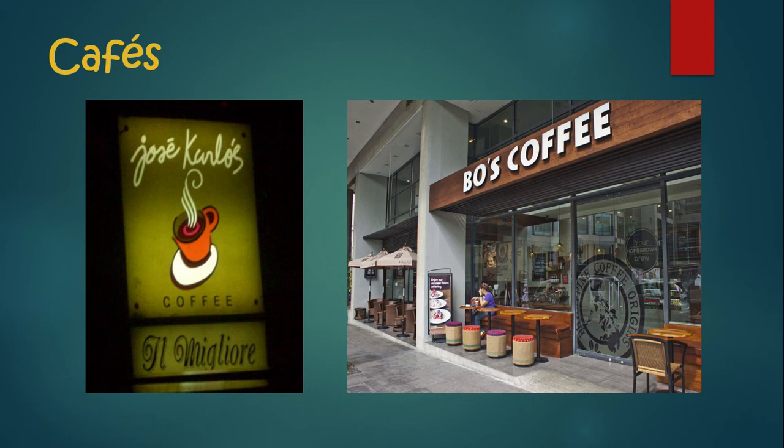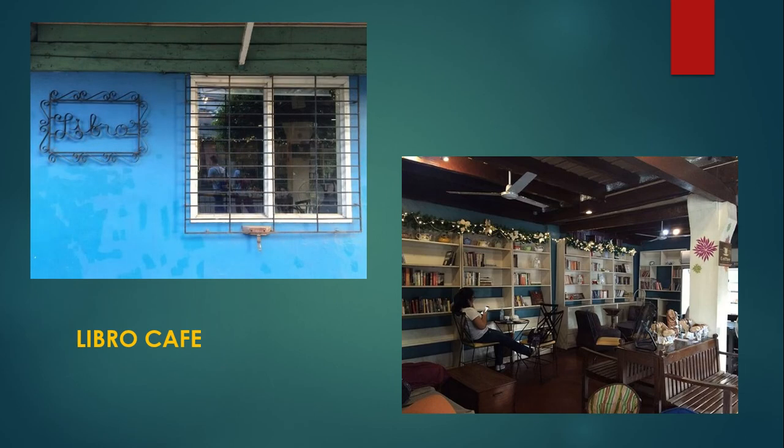But they do not only sell coffee in these shops. They also offer other beverages like juice or soda, except for liquor. And another cafe here in Tacloban is Lebro Cafe.